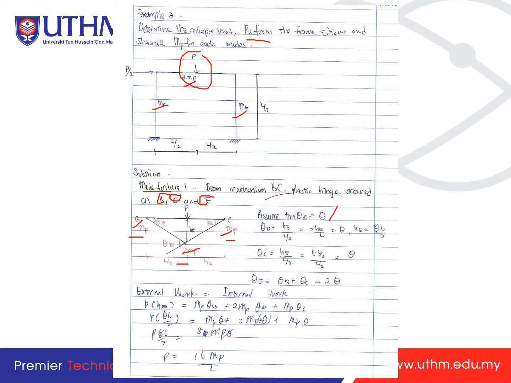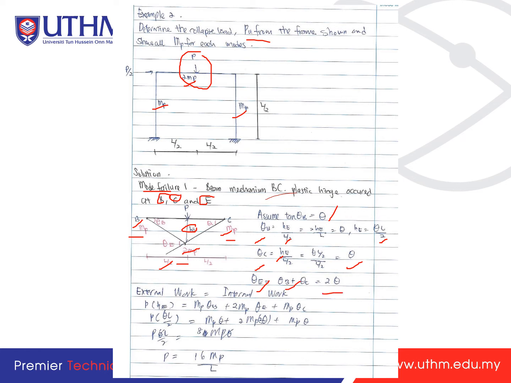So theta B is equal to HE over L over 2, the length. You solve it, you get HE is equal to theta L over 2. And theta C is equal to HE over L over 2, so it's also equal to theta. And theta E is equal to theta B plus theta C, so it's equal to 2 theta.